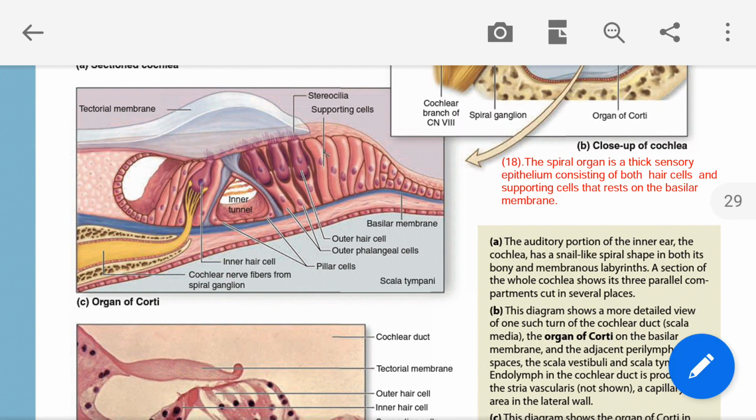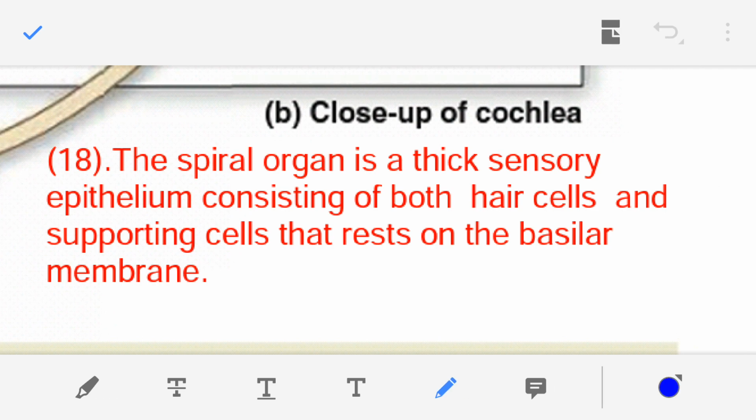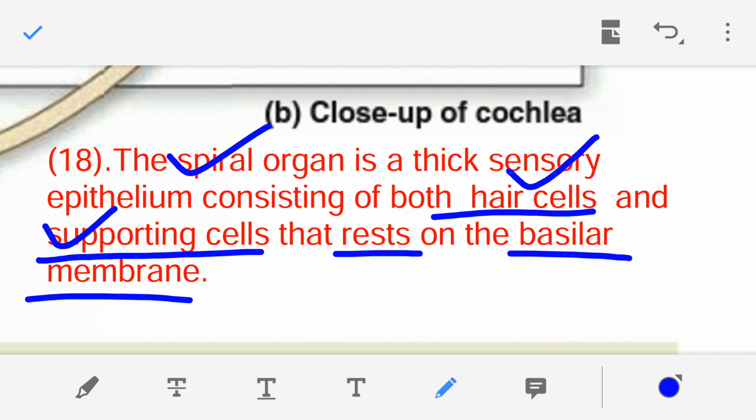Now what is the spiral organ made up of? The spiral organ is a thick sensory epithelium. In the spiral organ, hair cells are there and supporting cells are also present, and both types of cells, hair cells and supporting cells, rest on the basilar membrane.